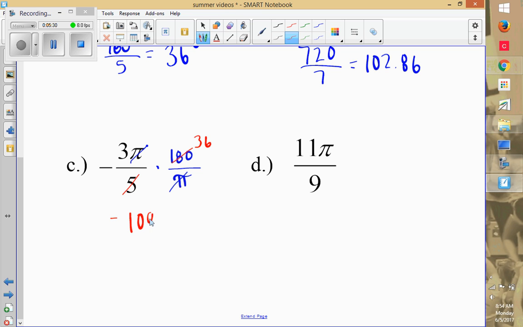So we have negative 108 degrees. And in the last one, 11 pi over 9, we're going to multiply by 180 over pi. The pi's will cross off. I do know that 180 over 9 is equal to 20, so all I have is 11 times 20, and we end up with 220 degrees.